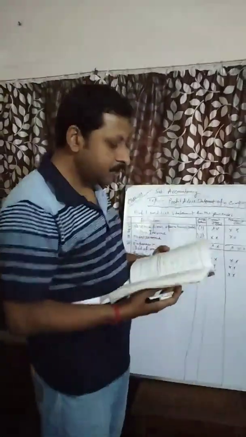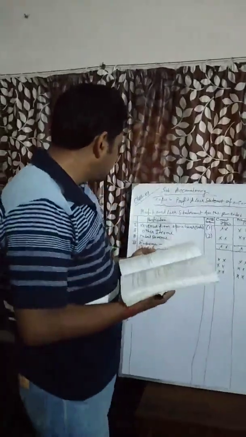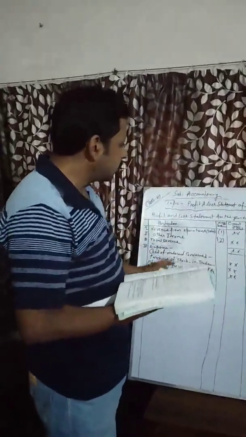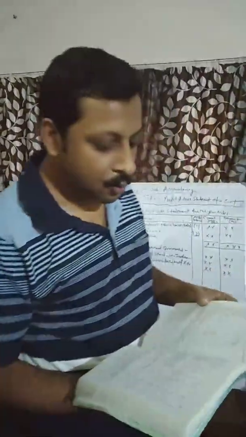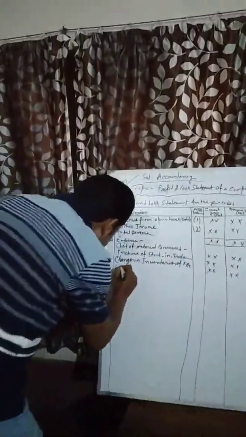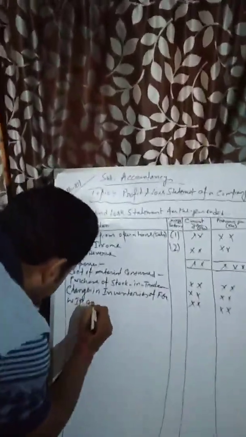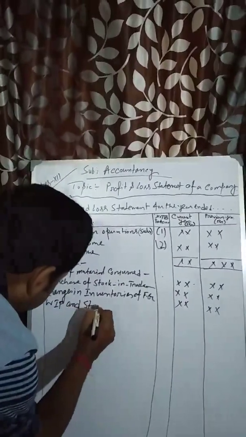Now, in your NCERT book, the format is already given, on page number 166. I am discussing this because of which items come under here. Now third is work in progress and stock in trade.